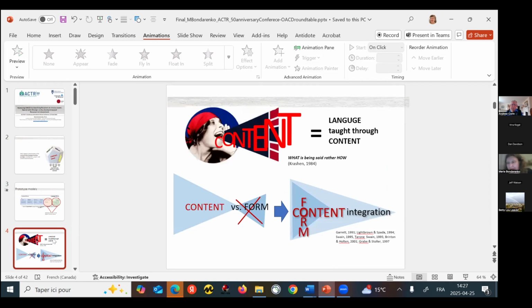Content-based teaching is based on the content, which is what is being said rather than how it's said. It's wrong to think that content is opposed to form. Instead, the form is integrated into the content. However, it still focuses on the content.